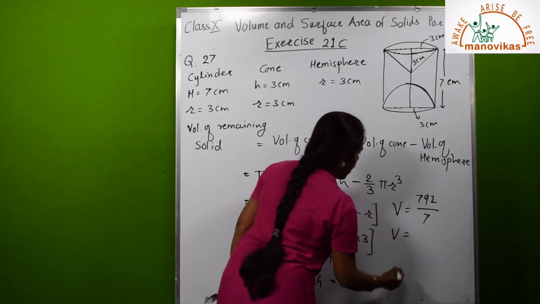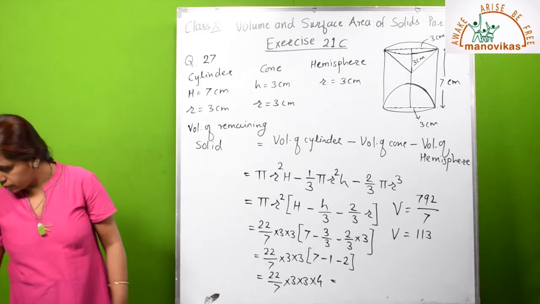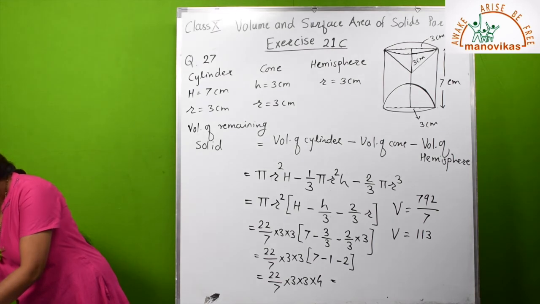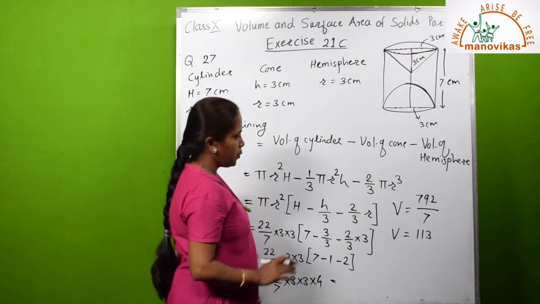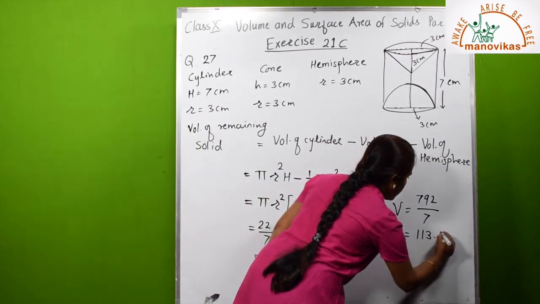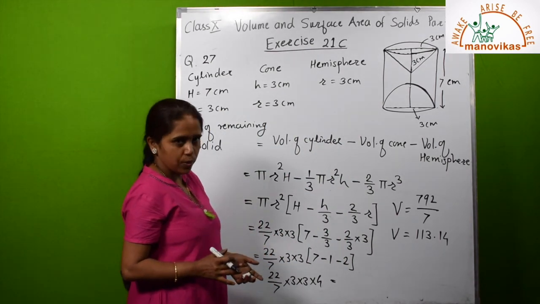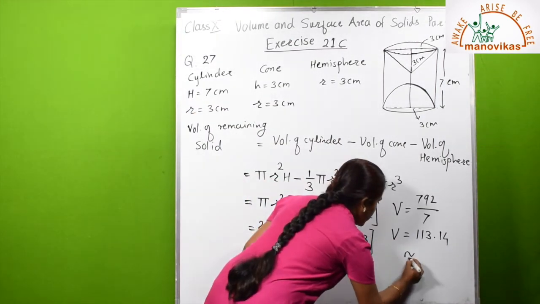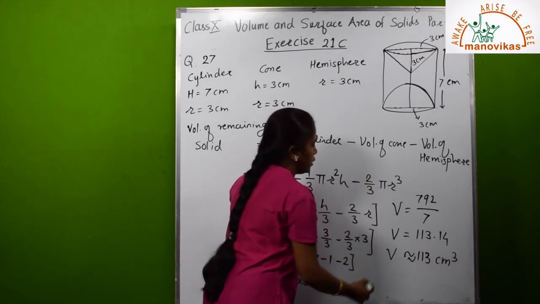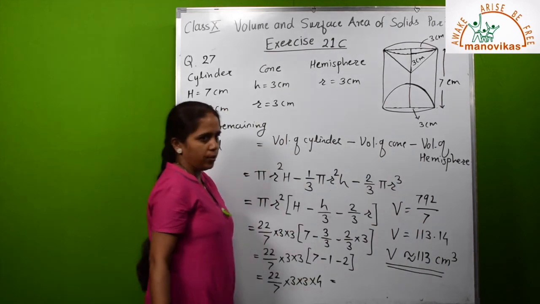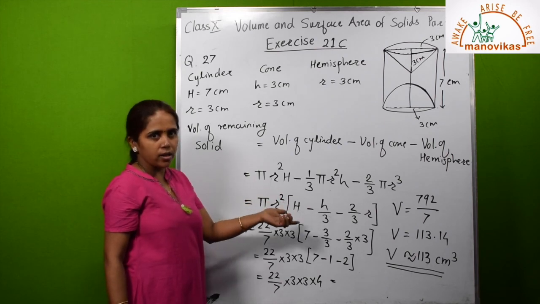You get the answer as 113. In decimal point you get 113.14, but we have to find the answer to nearest centimeter cube, nearest whole number. So you can write it is 113 centimeter cube. This will be the nearest whole number value. So volume of the remaining solid is 113 centimeter cube.